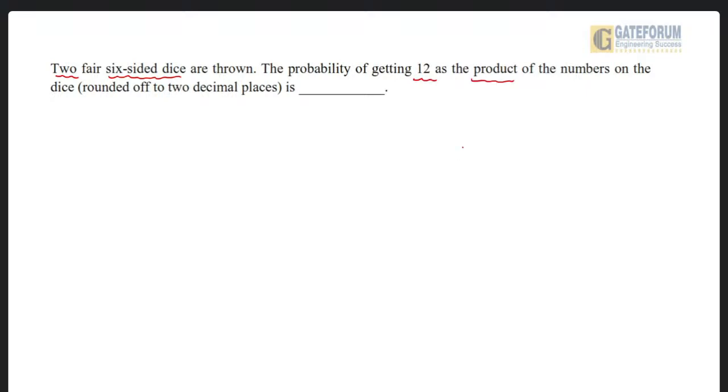Okay. So now the solution. The product of the upturned numbers is 12. Or you can say the product of the numbers on the top faces is 12 when the 2 dice are thrown. Total outcomes, that is the sample space, n of S, or you can write mod S, as computer science students denote by modulus, the cardinality of the sample space, is equal to 6 square, 36.